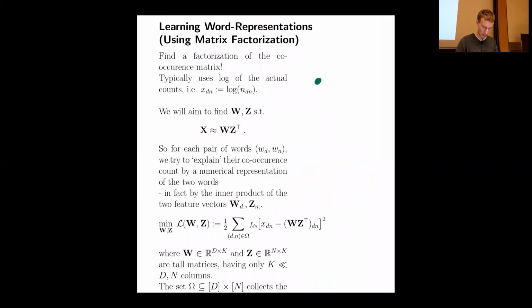So maybe you've heard of Word2Vec. I'll come back to it in a second. And the other one is called GloVe, which comes from global vectors. Both these methods are very similar. The one we talked about now, which takes this matrix and factorizes it, is the one called GloVe, which is from 2014, I think.